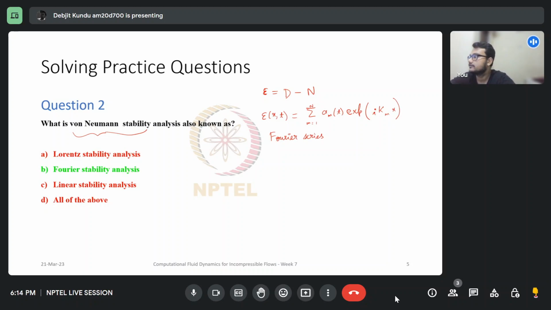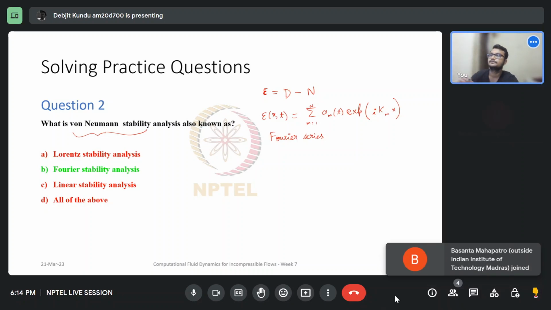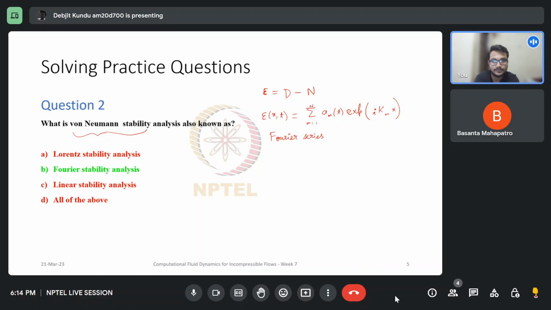Is it negative or positive? Let me check once. Yeah, positive. So what we do in von Neumann stability analysis is we expand out the errors in their Fourier series, and then we say that since the original equation is a linear equation, okay, so this is one of the first things.